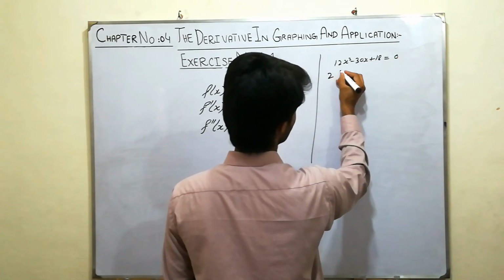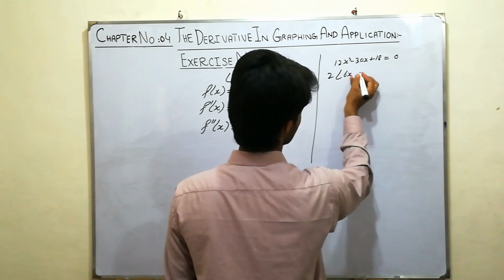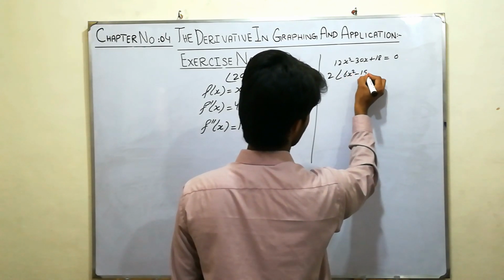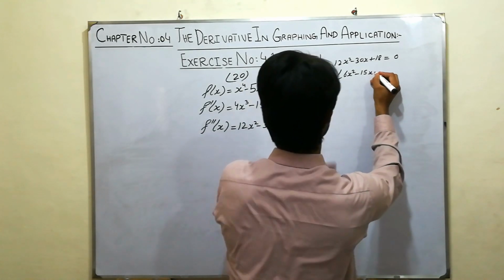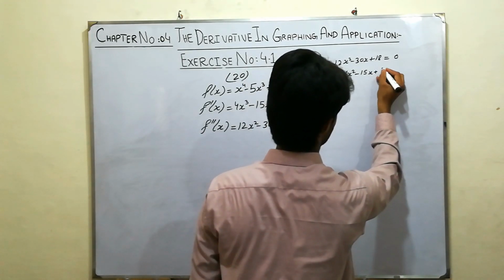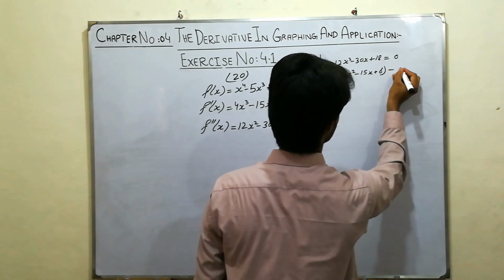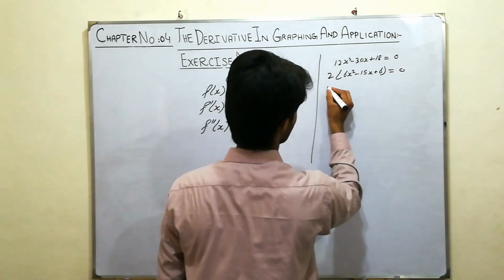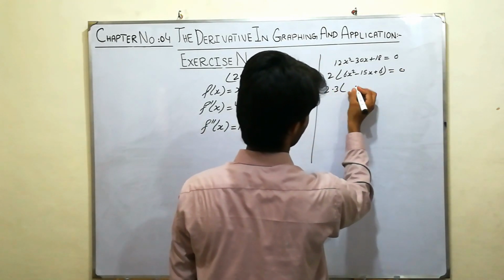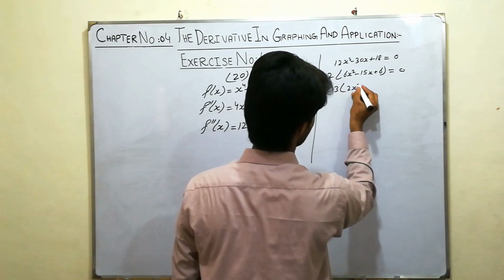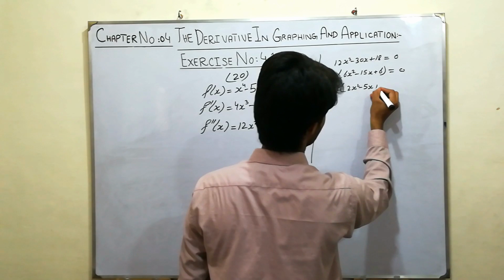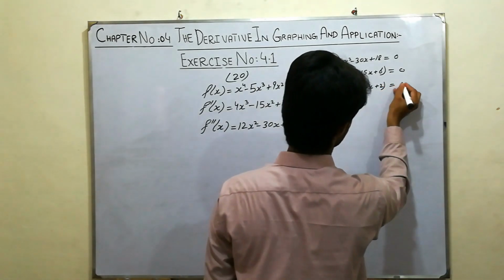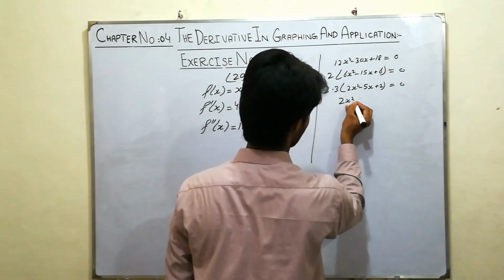Take 2 common, take also 3 common, so we have 2x squared minus 5x plus 2 is equal to 0.